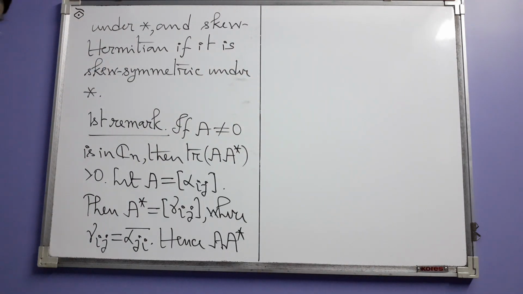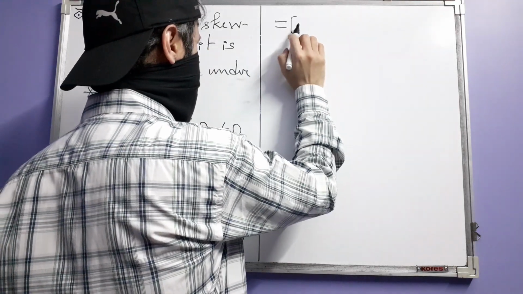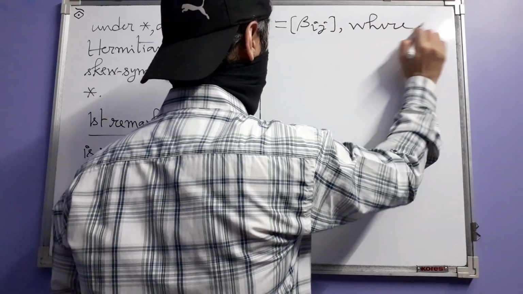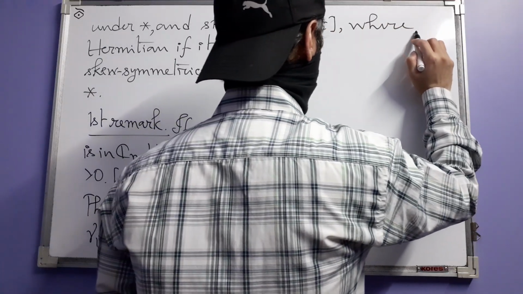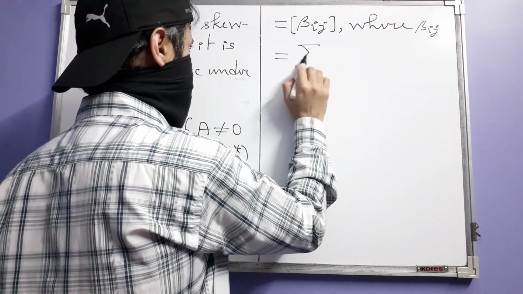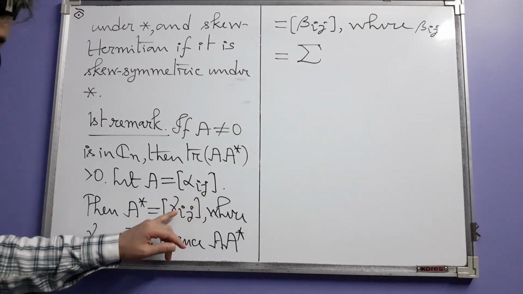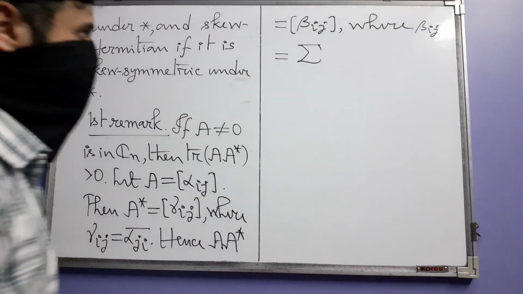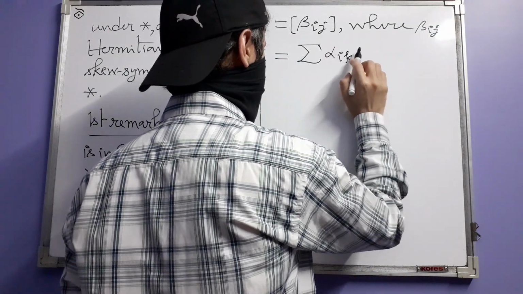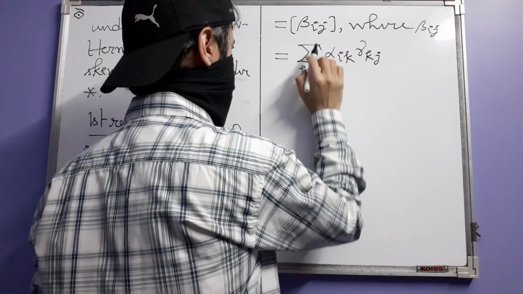So let me call it beta ij. You can call it anything. Where what is beta ij? Beta ij is summation alpha ik gamma kj according to the definition of product, as k varies from 1 to n.